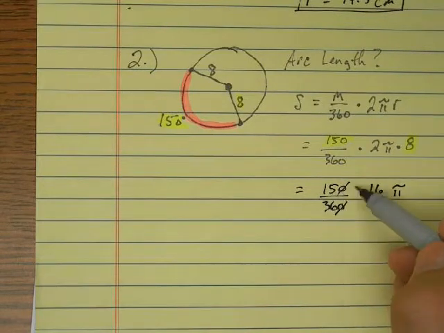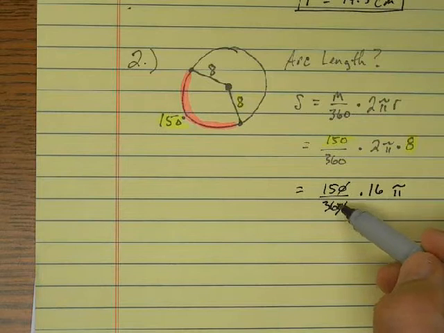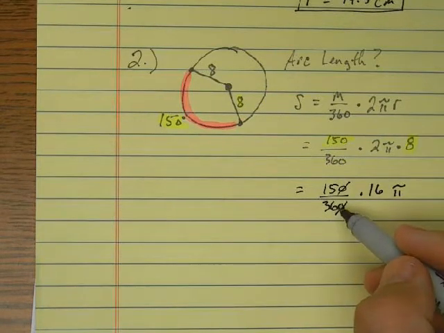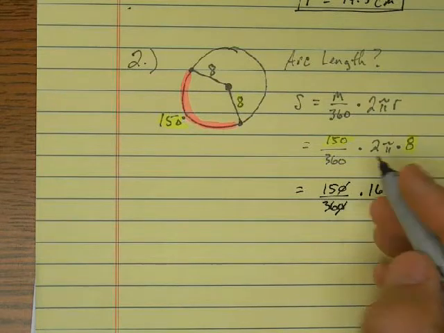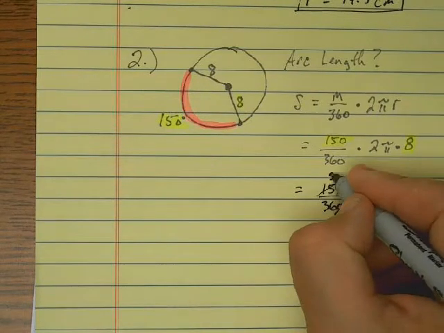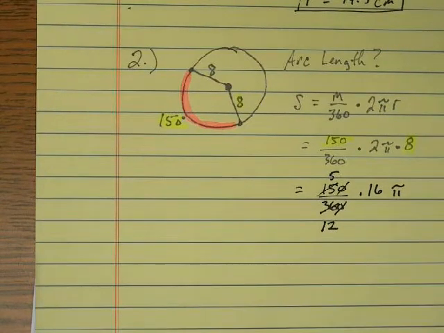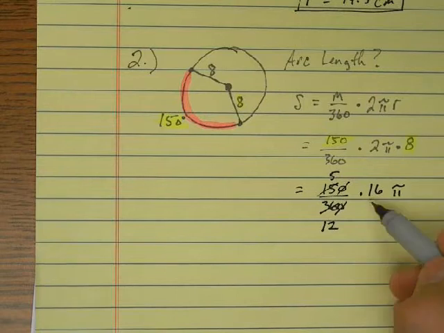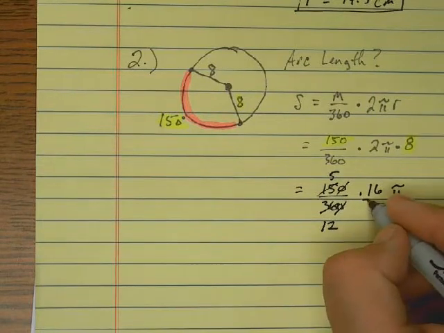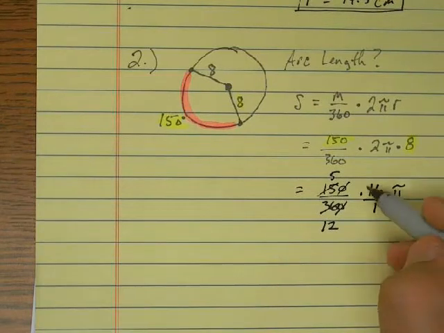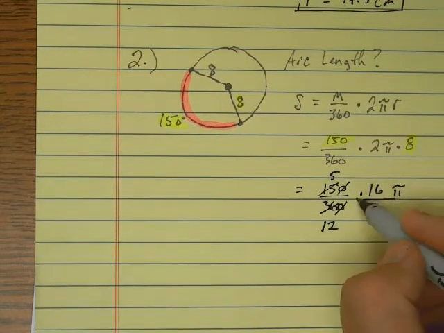Now I have 15 and 16 and 36 reduced with a common factor. Let's do 15 and 36. They're both divisible by 3. When I divide that by 3, I get 5. When I divide this by 3, I get 12. Everyone okay so far? Just reducing a fraction. Now, how about the 16 and the 12? Well, a good way to look at it is that 16 pi is over 1. So this is in the numerator, this is in the denominator, and we're multiplying.